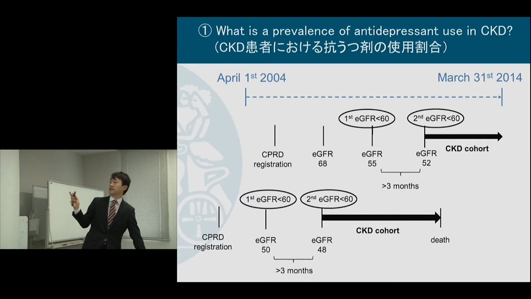By graphical representation, patients measure their kidney function at different timing, and at the second time, eGFR less than 60 was observed. I included each such patient into the CKD cohort and established a CKD cohort in my study.